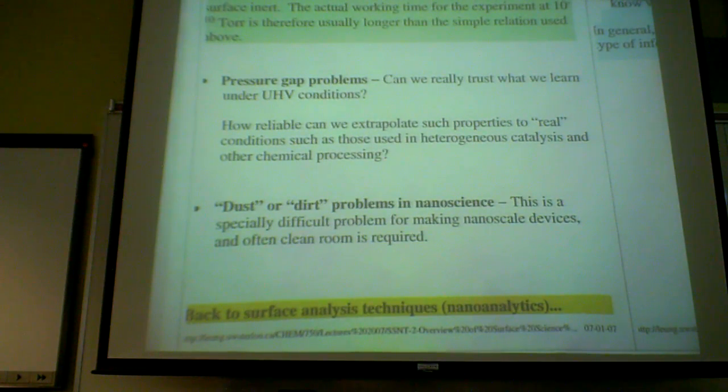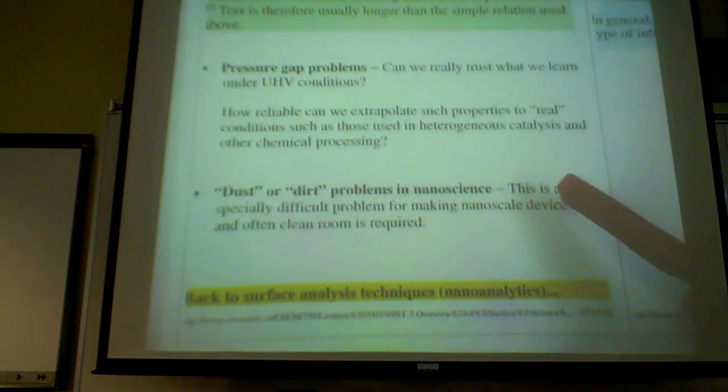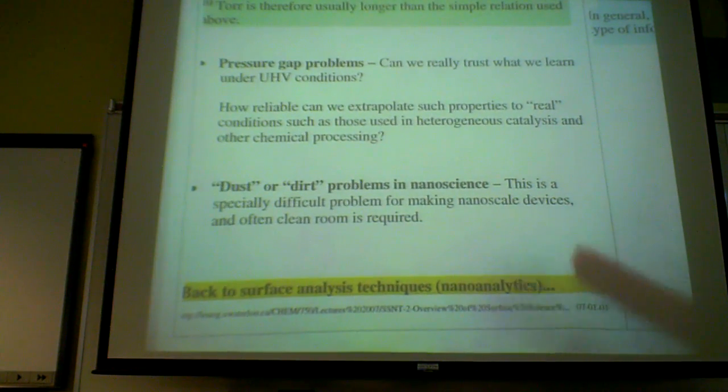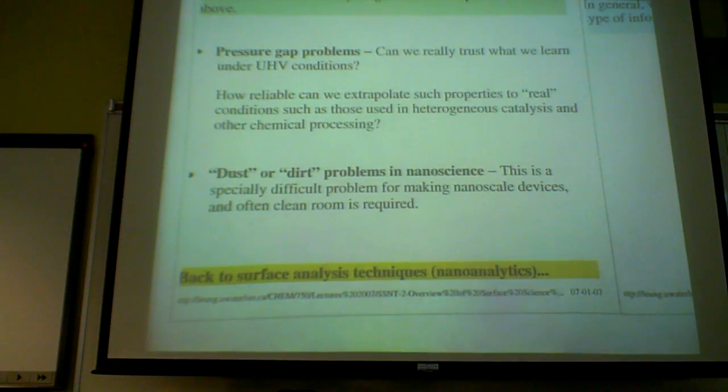But the proponent of surface science would say that you can put dirt on your clean surface and study the effect of dirt on your clean surface, and people have done that. Ideally, in real life, if you create your nanoparticle, for example, in a solution, then it will be covered with carbon or oxide, right?